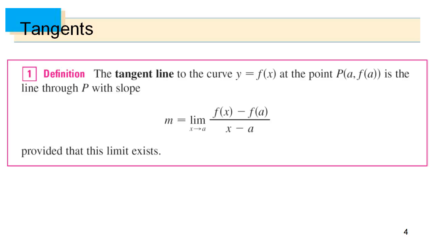So we can now define the tangent line to the curve at some point A as the line that goes through that point P and has the slope that we've now defined as change in y over change in x, with (f(x) minus f(a)) all over (x minus a), and then taking the limit as x goes to a.